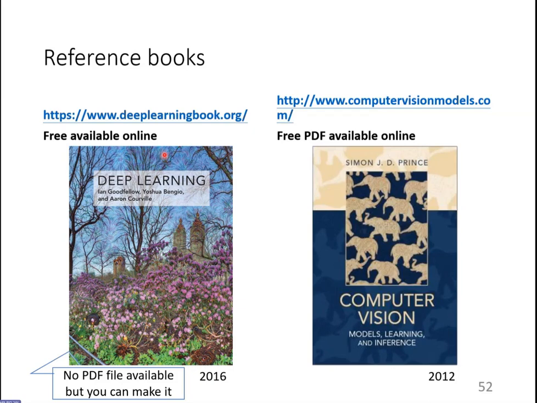This book is available online, but it is not a PDF version because it was published by MIT Press, and he signed a contract with MIT Press. He cannot provide a PDF version for the public, because MIT Press needs to make some profit by selling the paper copies. However, you can make PDF files by yourself.